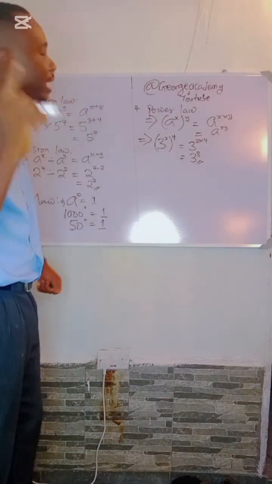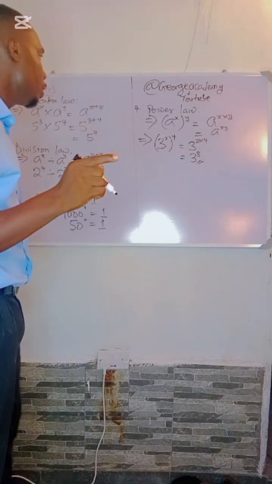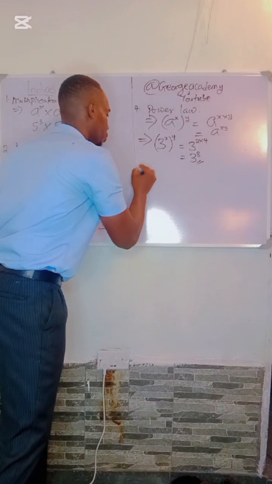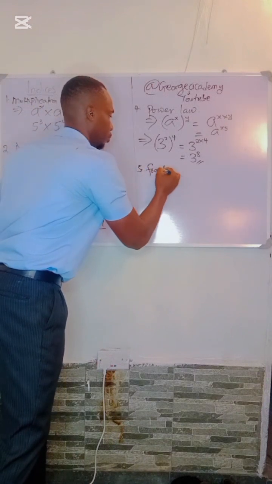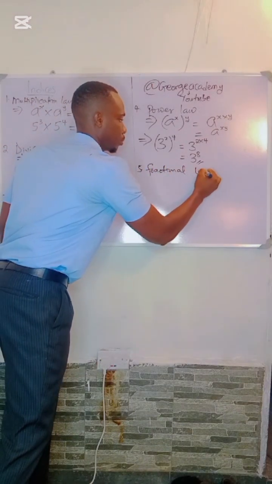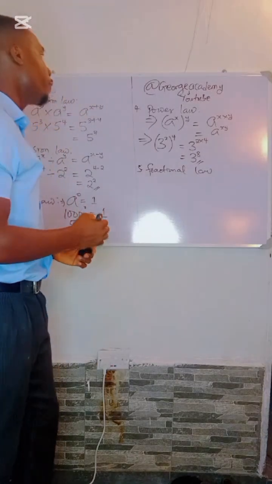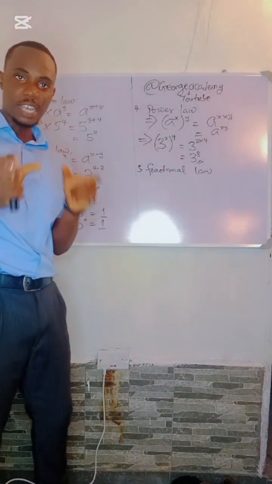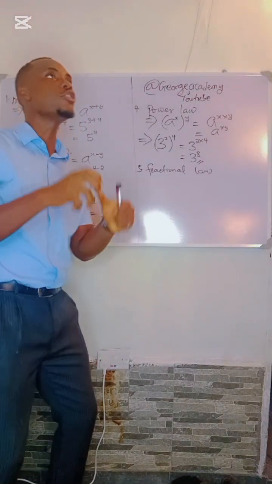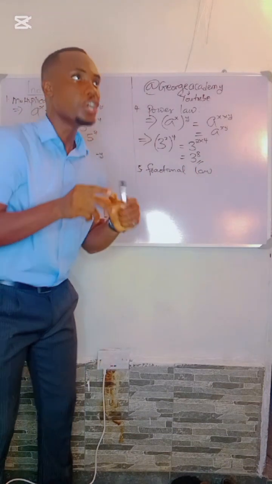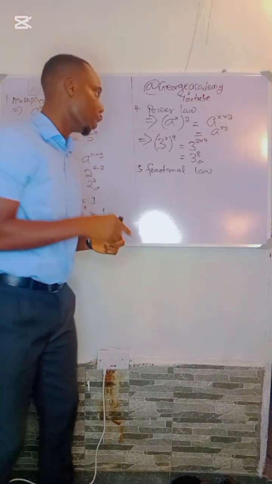The next law of indices we have is the fractional law. The fractional law of indices states that if you have a number or an expression raised to a fraction, the result becomes this.